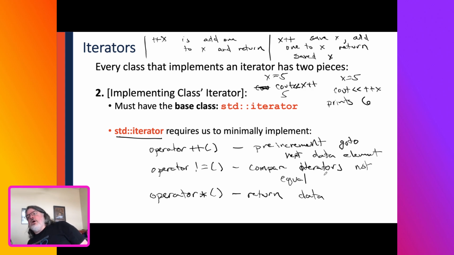The compiler will not automatically generate not equal from equal. It will not automatically generate equal from not equal, because there exist data types where not equal isn't the opposite of equal. Well, that is the operator pre-increment. You want to see operator post-increment?